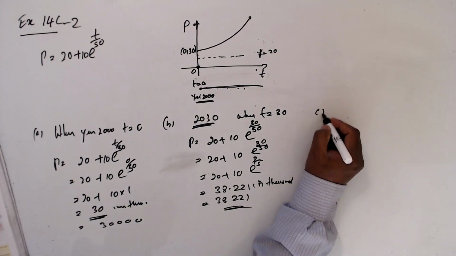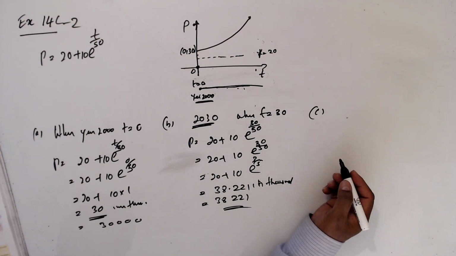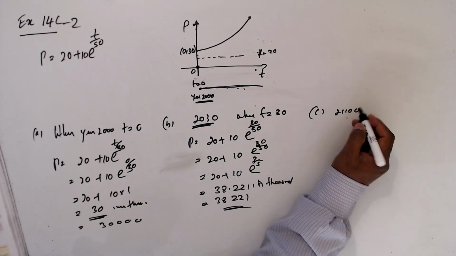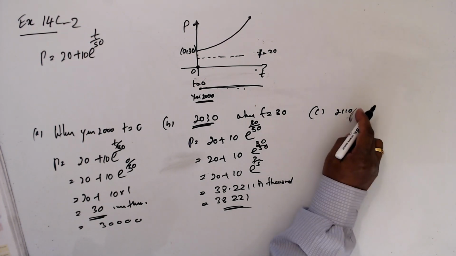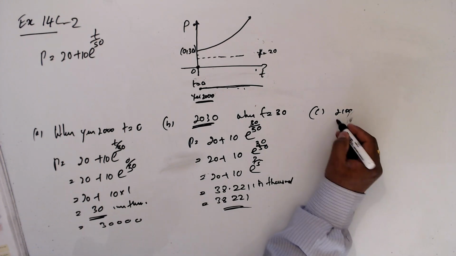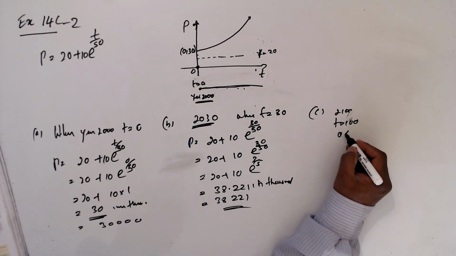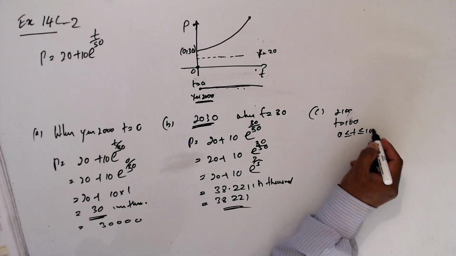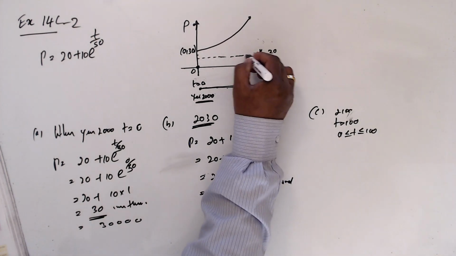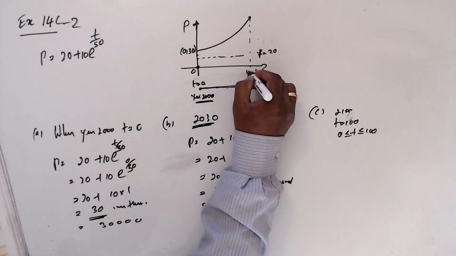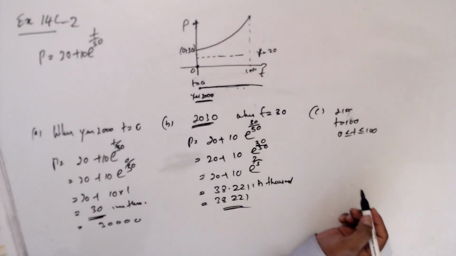Part C is sketch the graph of P against T for years 2000 to 2100. It means when T equals 100. So the interval is 0 to T equals 100. So I already did this one. I just want to put this value in: T equals 100.